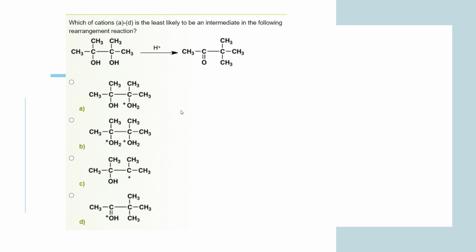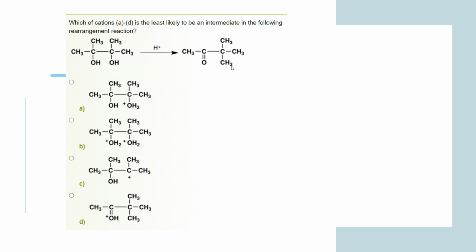So you are given this diol, which is commonly known as pinacol, and we are treating it with acidic solution. And as a result of this reaction, we are getting pinacolone, which is this ketone, as the final product of this rearrangement reaction.